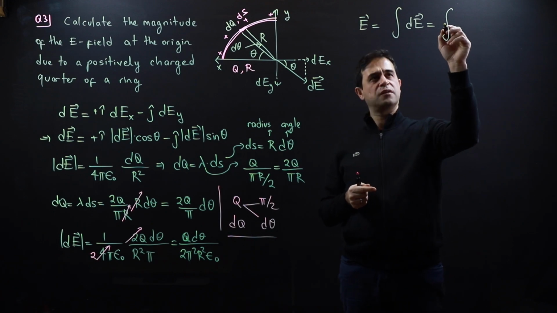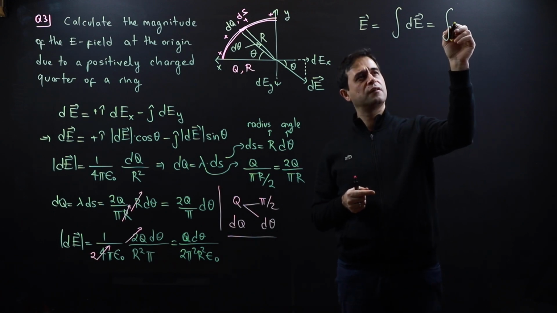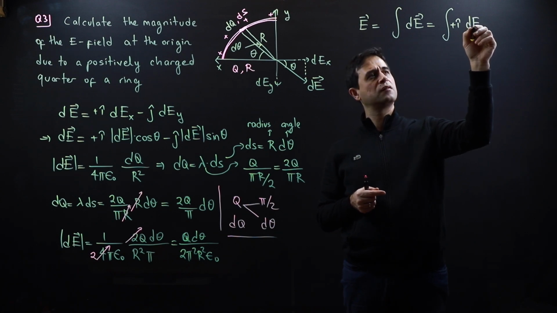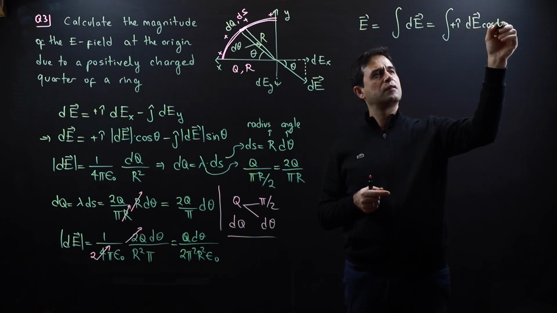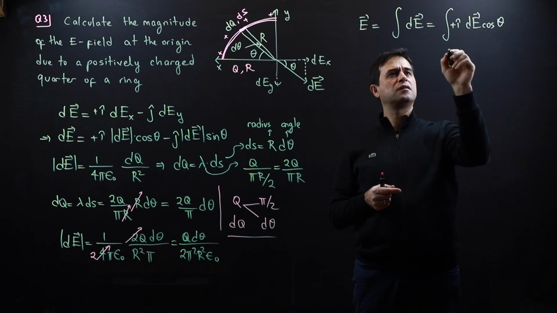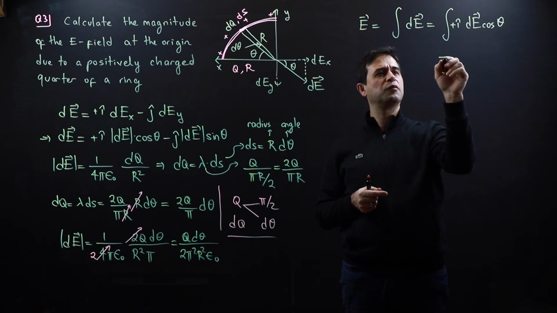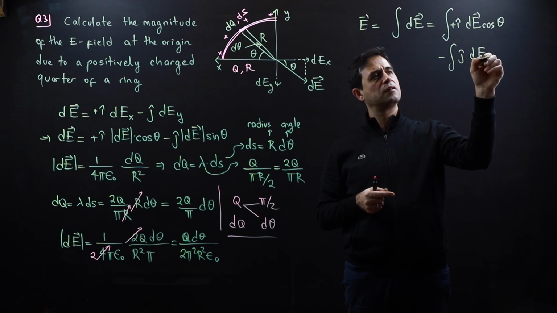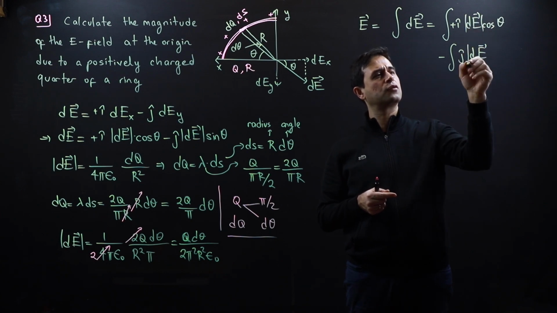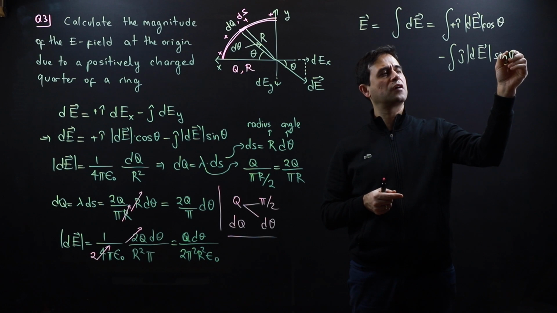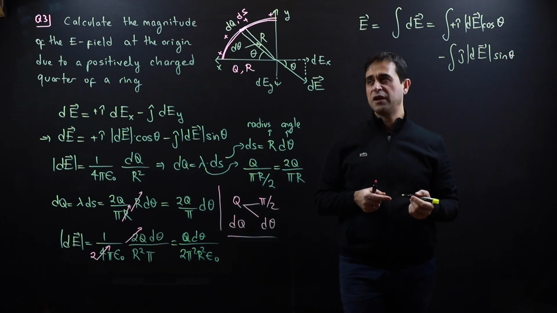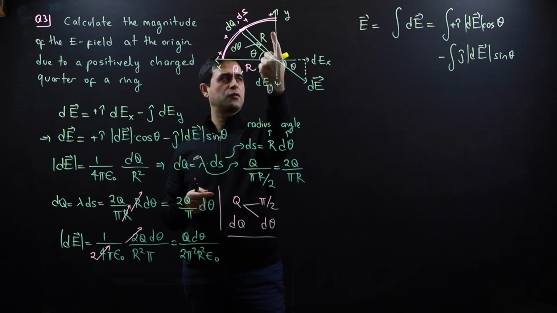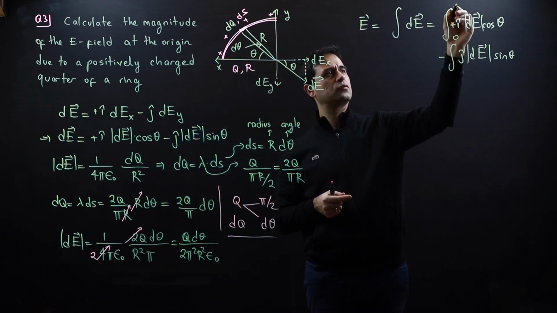So remember that it was plus i hat times dE cosine theta, and I have minus j hat dE, and these are in magnitudes, of course, times sine of the angle theta. And remember, the range of the integral starts from 0 and goes up until pi over 2, if I take the angle as the variable.